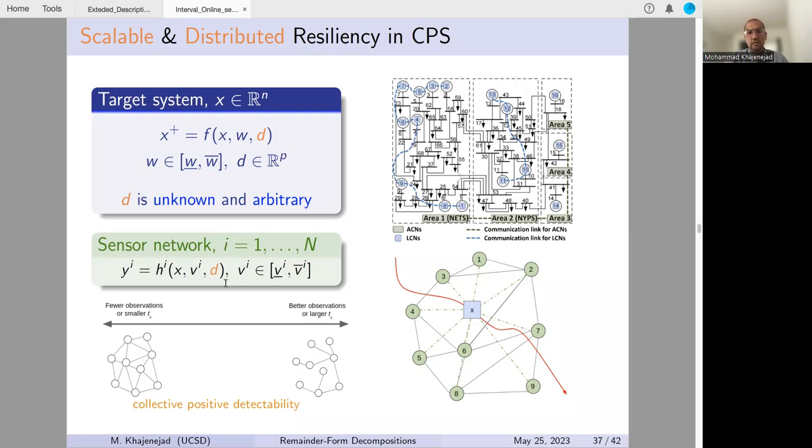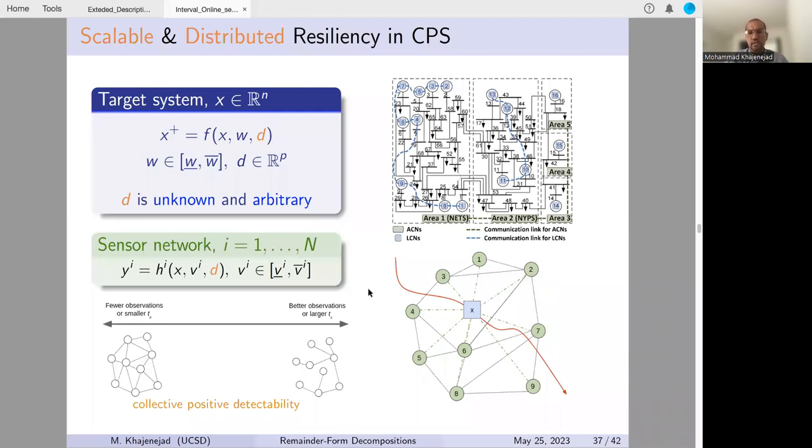And then using our previous toolbox, each of these sensors or agents can compute their own local estimates, like interval estimates of the state of the system.